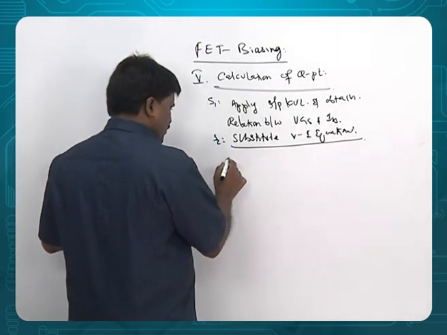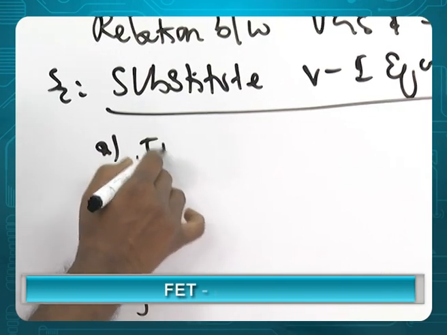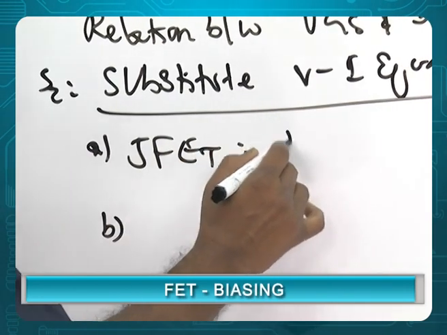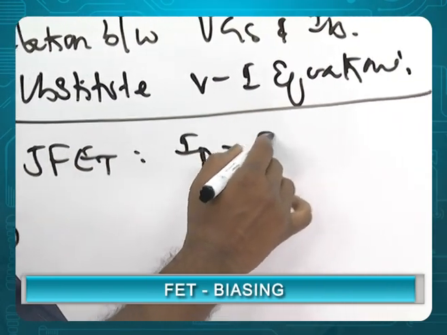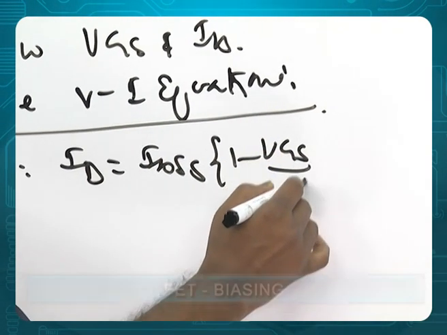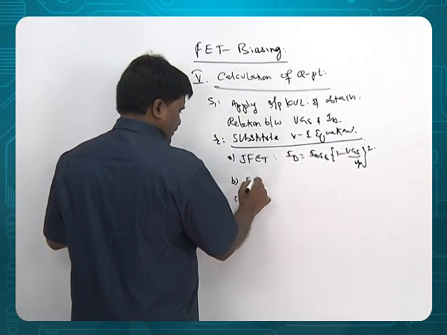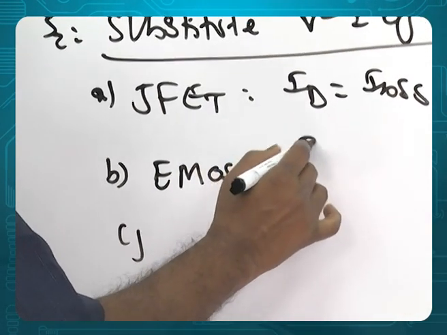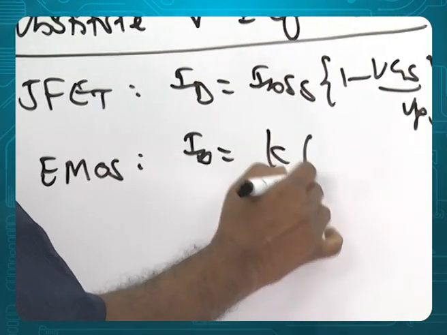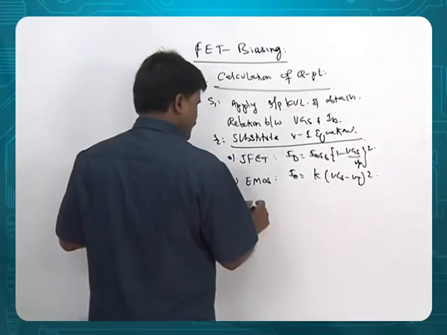What are the VI equations you have? For JFET, ID is IDSS into 1 minus VGS by VP whole square. Enhancement MOSFET, ID is K into VGS minus VT whole square.